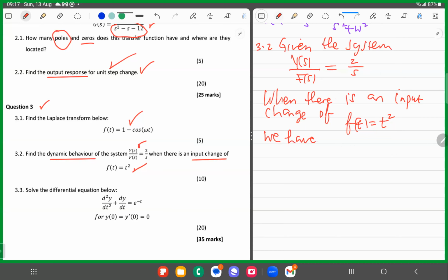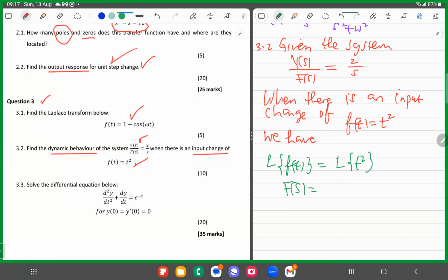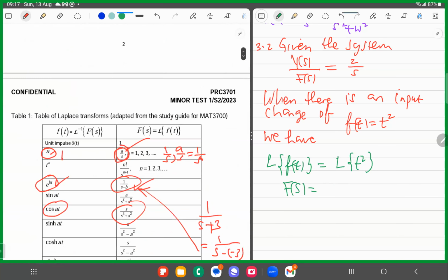We can find the Laplace transform of f of t, which is the Laplace transform of t squared. What is this? This is F of s. What is the Laplace transform of t squared? We go to the table.